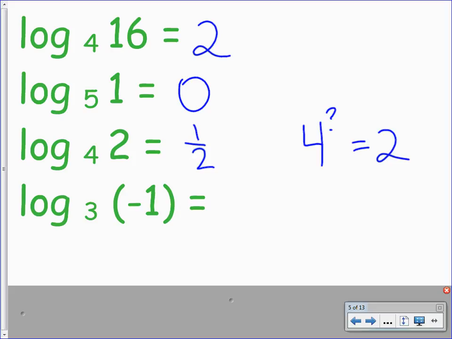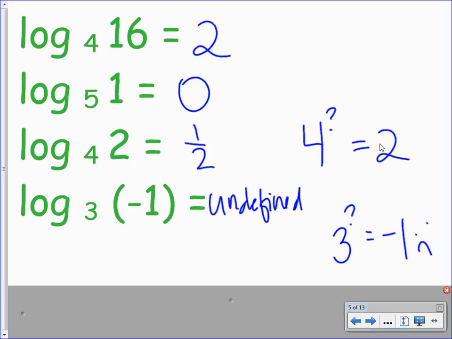Can we take 3 to a power and get a negative value? No, that is not possible. That's why we have that horizontal asymptote on our exponential graphs, right? We can't get negative values when we're talking about powers. So if we rewrite this, 3 to what power is -1? That can't happen. This is undefined. We cannot put negative numbers inside of our logarithm. It does not make sense.